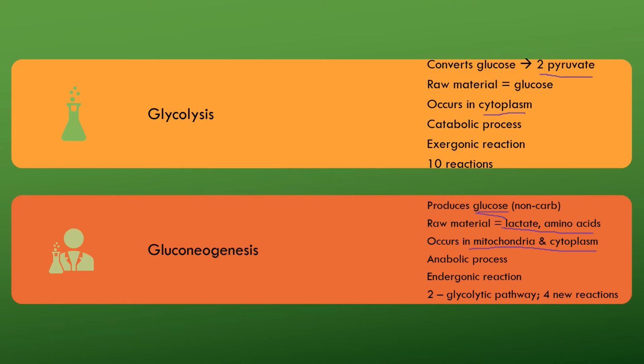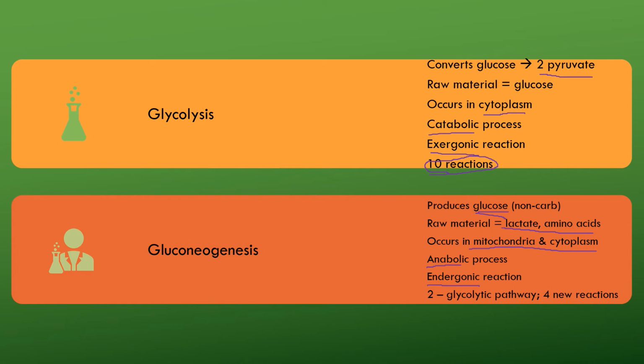So instead of using glucose, it is what's being produced in gluconeogenesis. Okay, and then glycolysis is catabolic, while gluconeogenesis is anabolic, and glycolysis is exergonic, while gluconeogenesis is endergonic. Okay, and then finally, there's 10 reactions.